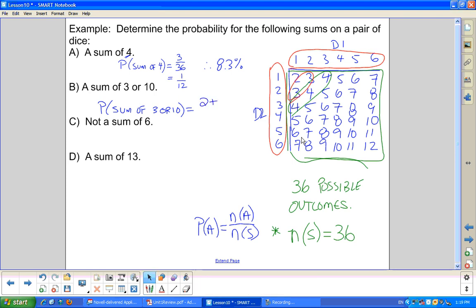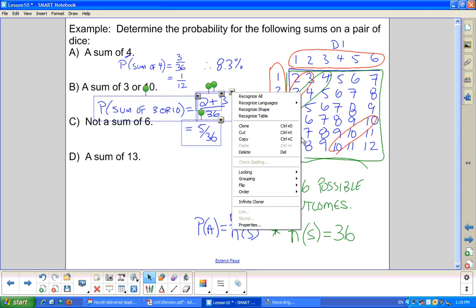Plus, how many ways can we roll a 10? Down on this diagonal, there are 3 ways. So 2 plus 3 over 36, or a 5 in 36 chance. Okay, so a 5 in 36 chance that you're going to roll either a 3 or a 10.